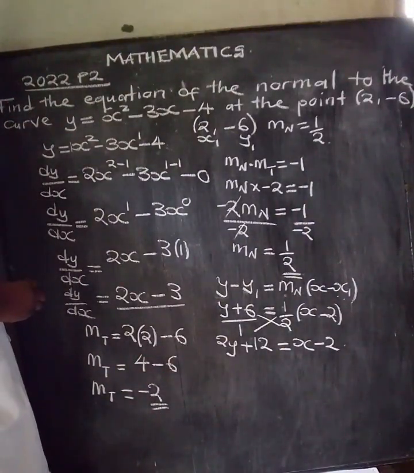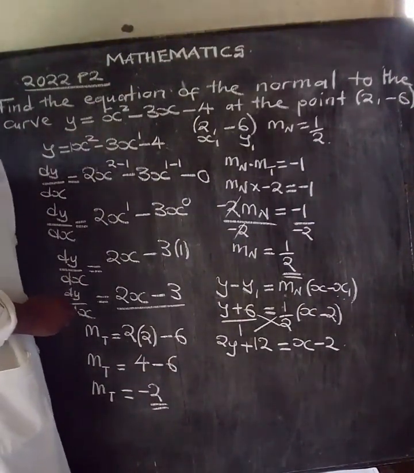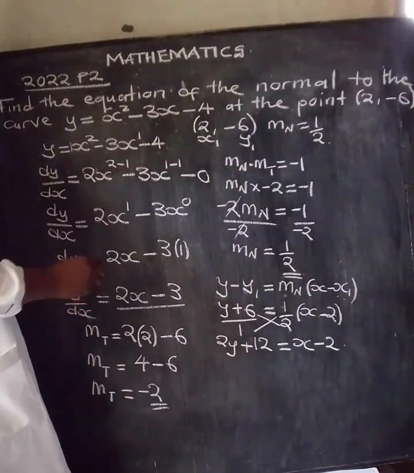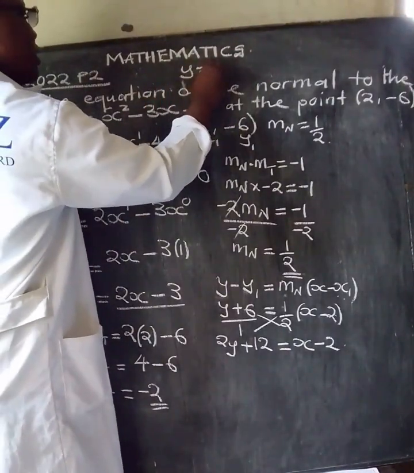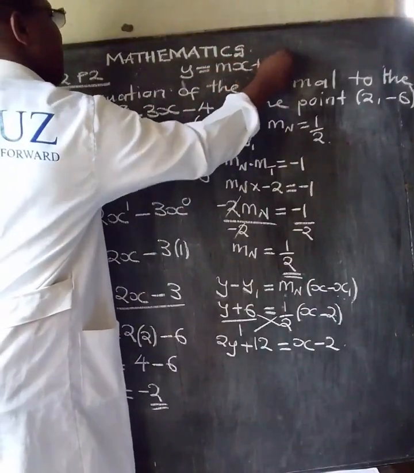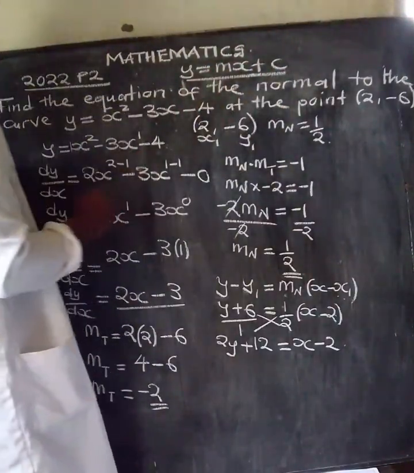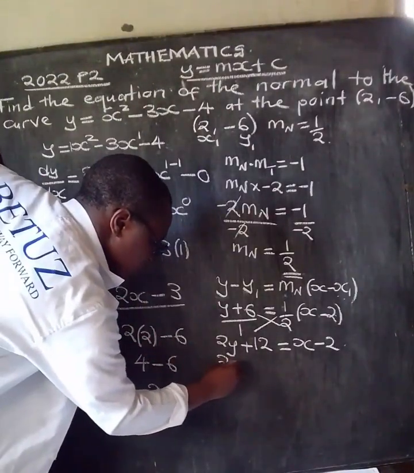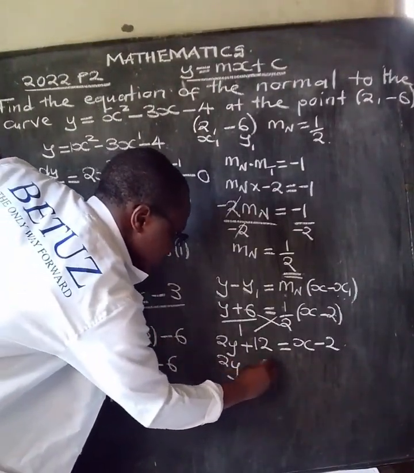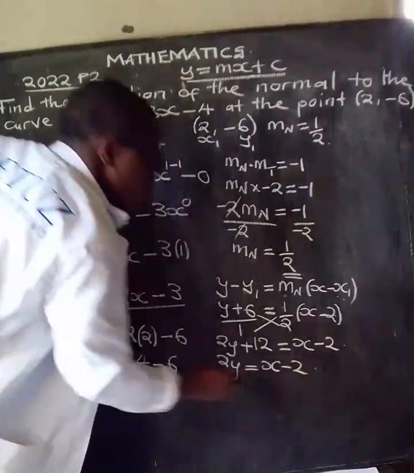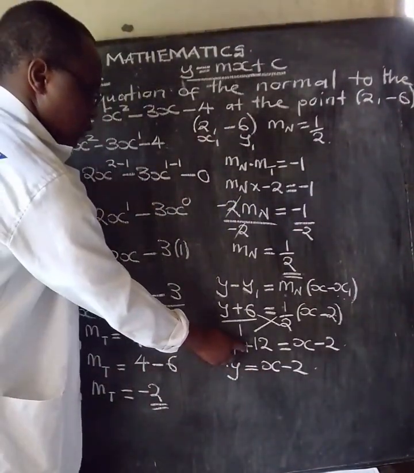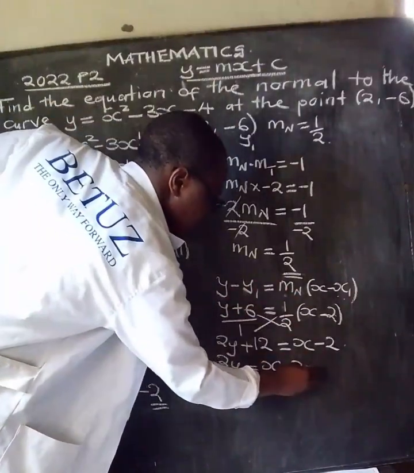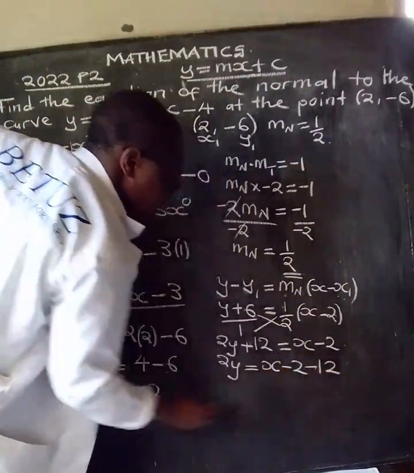At this point we are going to group the like terms, because we know our equation should be standard. Our equation should be like y is equal to mx plus c. So we need to make y the subject of the formula. We begin with 2y this side is equal to x minus 2. Now this is positive 12. When you transpose this positive 12 to the other side, you're going to have negative 12.